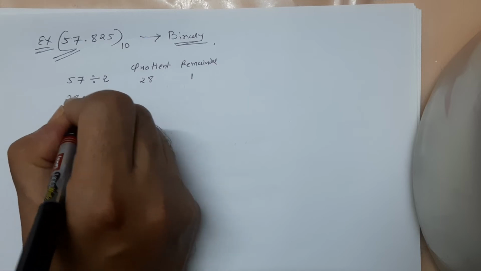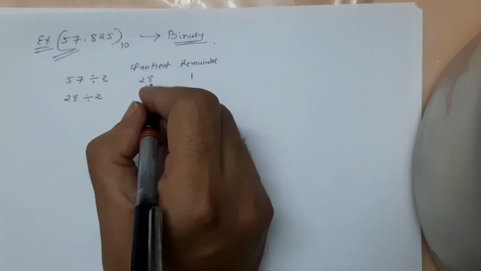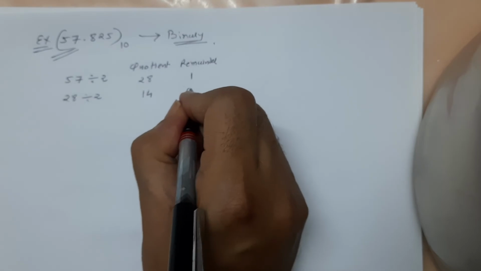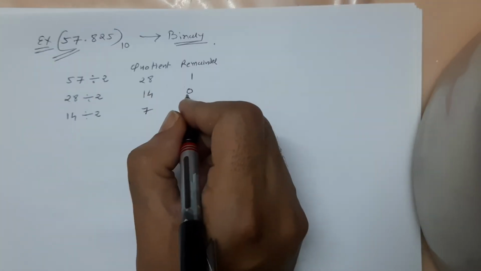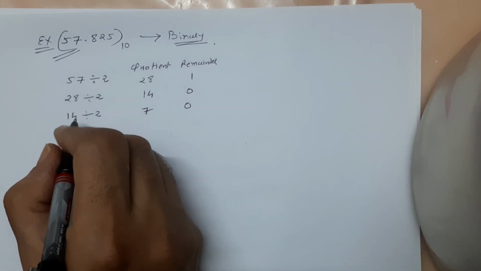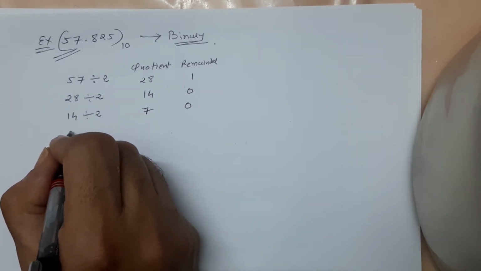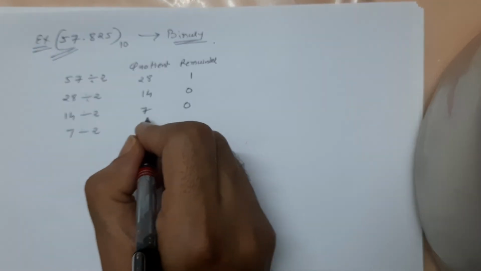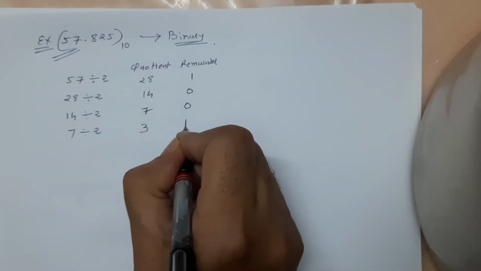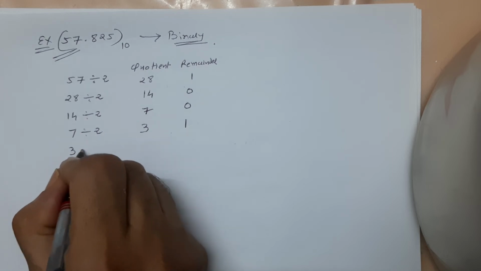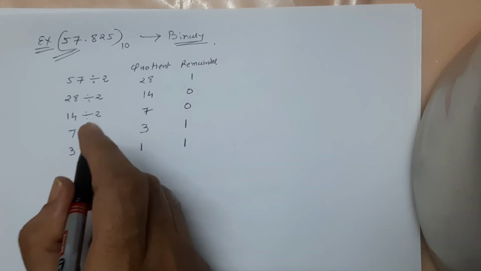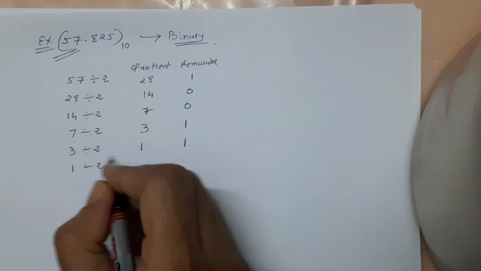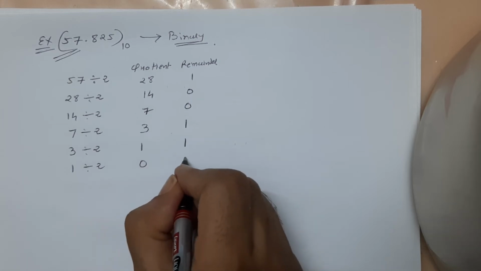This 28 divided by 2, quotient 14 and remainder 0. This 14 divided by 2, quotient 7, remainder 0. Then 7 divided by 2, 3 and 1. Then 3 divided by 2, we get 1 and 1. This 1 divided by 2 is 0, remainder 1.